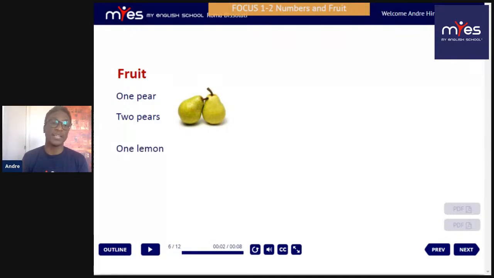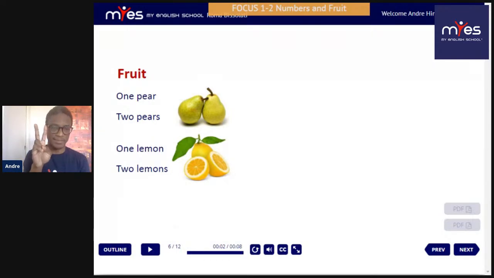Let's look at a lemon. So 1 lemon, but 2 lemons. Remember the S, plural, lemons. 1 lemon, 2 lemons. So there is 1 lemon. There are 2 lemons. Always remember the S for the plurals, the regular plural nouns. Next, we have 1 orange.